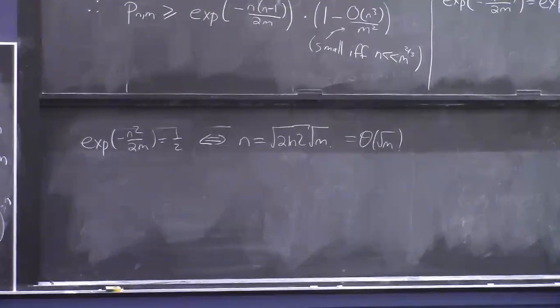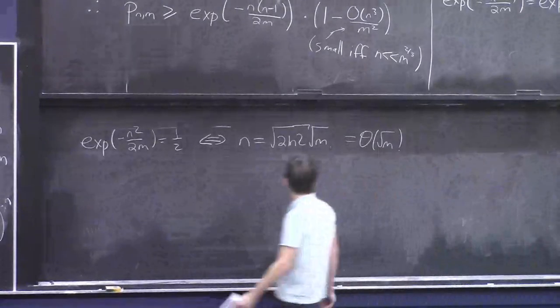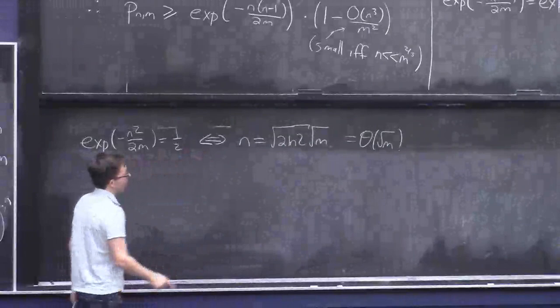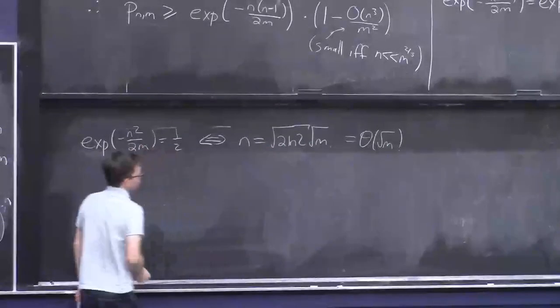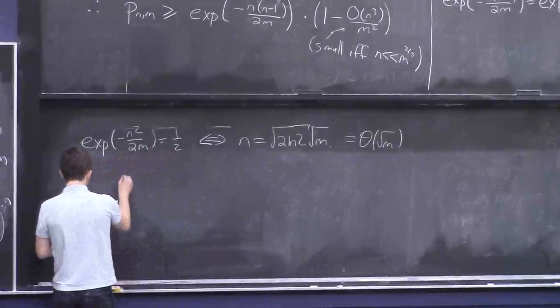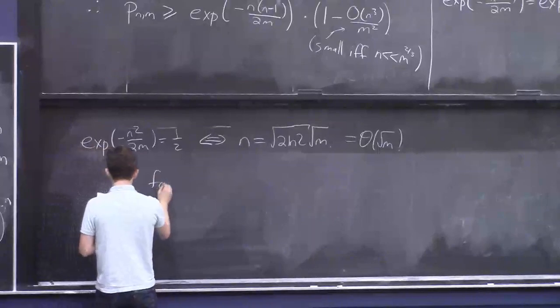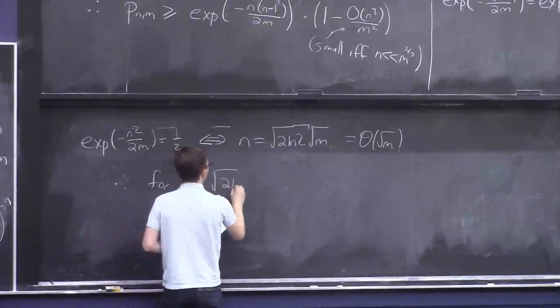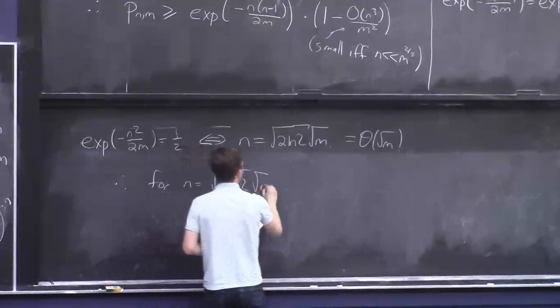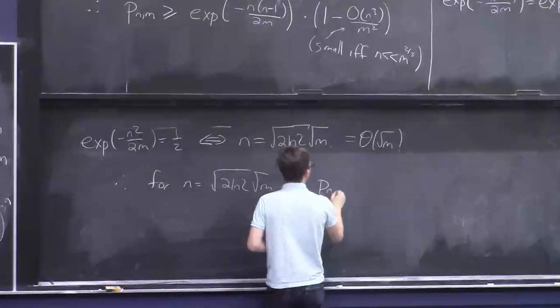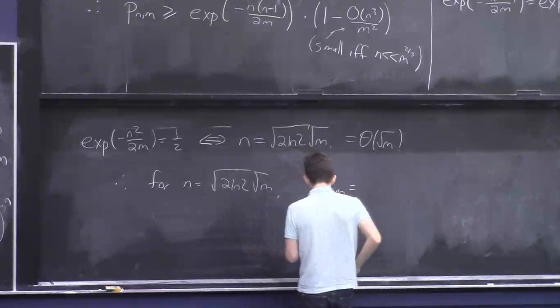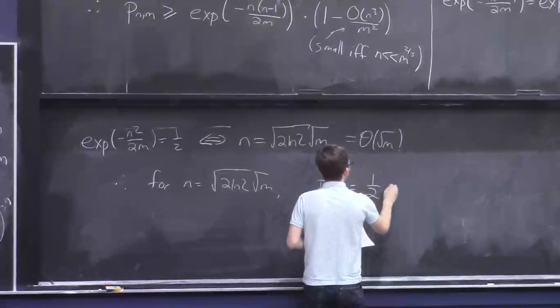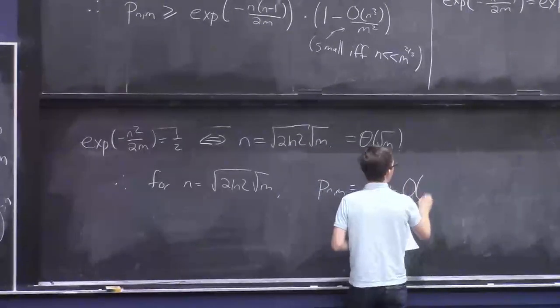Okay, so for example, we could therefore conclude, and we might actually even like to conclude, since this is not literally an integer, that we can check that for n equals this quantity, root 2 log 2 root m, we have that p n m equals a half plus or minus order 1 over root m.